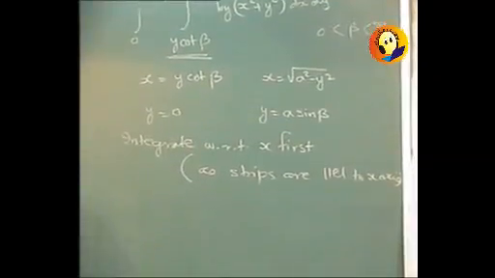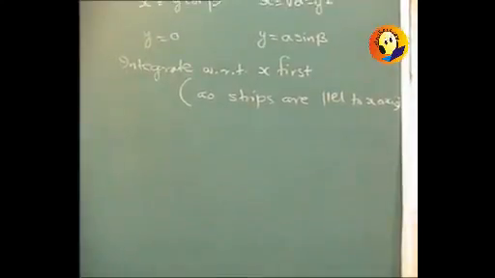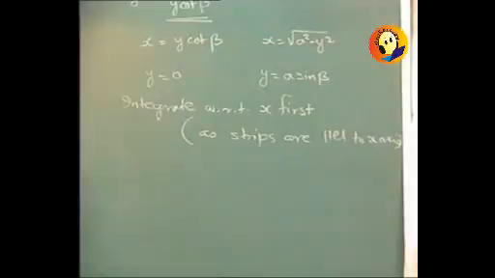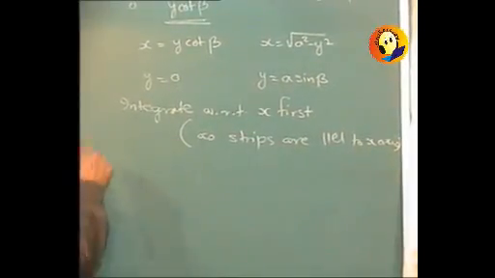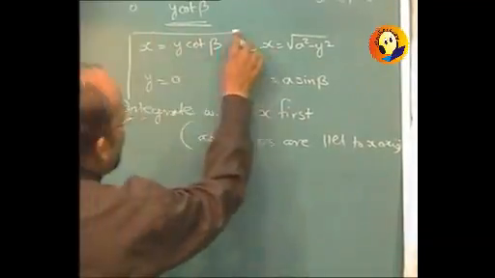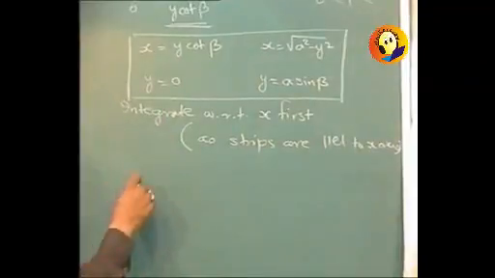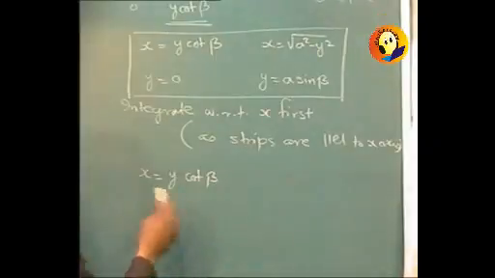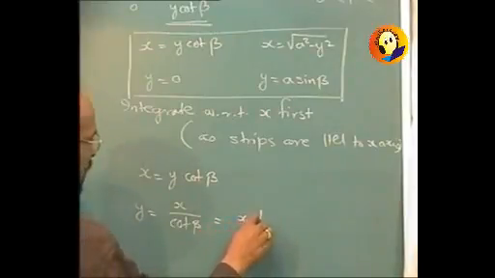But obviously the function is log of x square plus y square, which cannot be integrated with respect to x, and for that matter with respect to y also. We will first of all find out the region of integration from the four curves which we have already written. Out of that, the very first curve is x equal to y cot beta, which can be rewritten as y equal to x upon cot beta, which is nothing but x into tan beta.